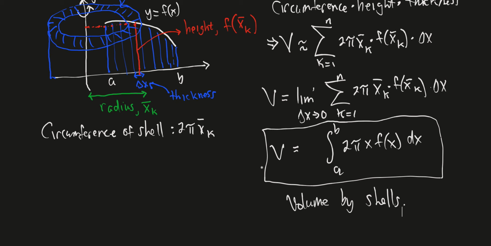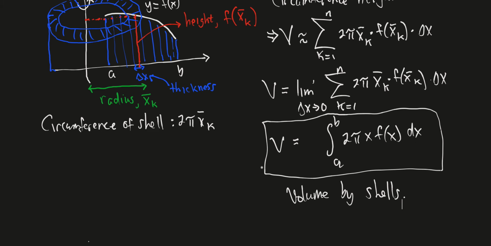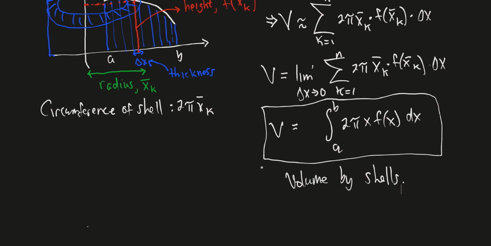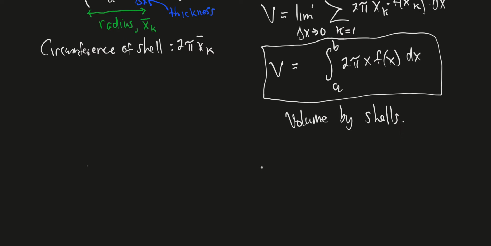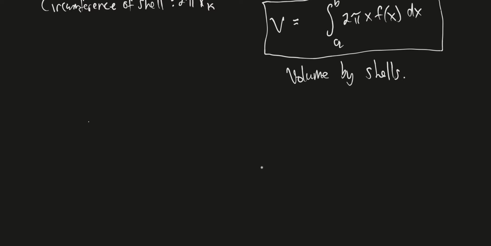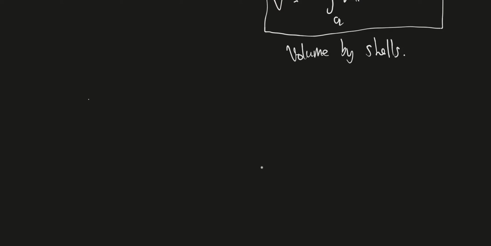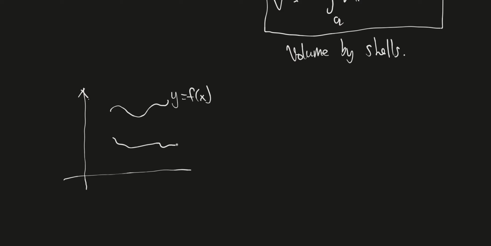Right, so there are a couple of variations of this. And the first one is, okay, what if we have two functions? So let me describe the first variation of this. What if we have two functions in terms of x, so an upper function and a lower function.